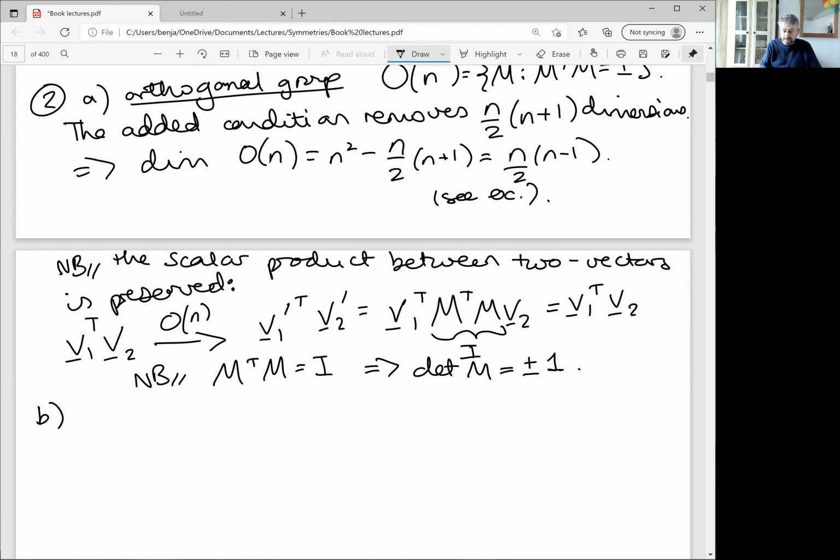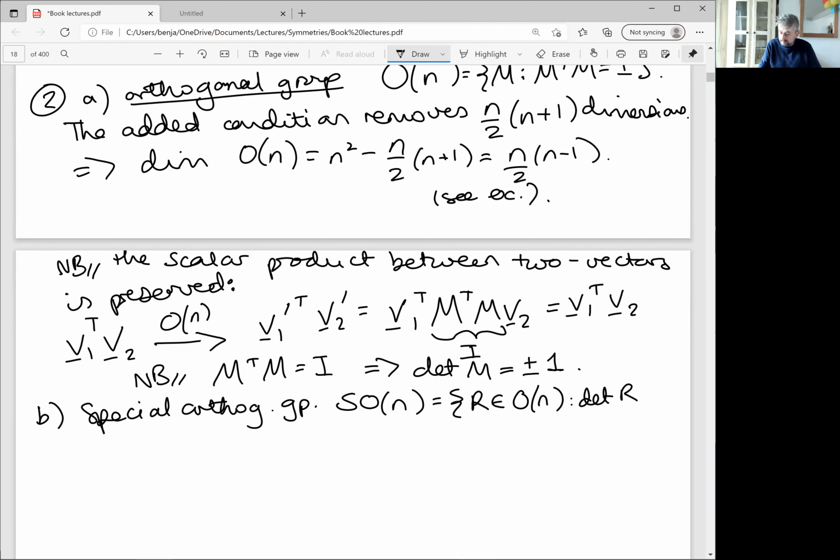So now we have the special version of this, the special orthogonal group, SON. Let's call the matrices R, which is in ON, where the determinant now is plus 1.